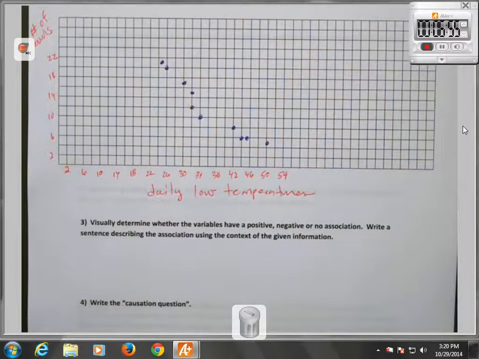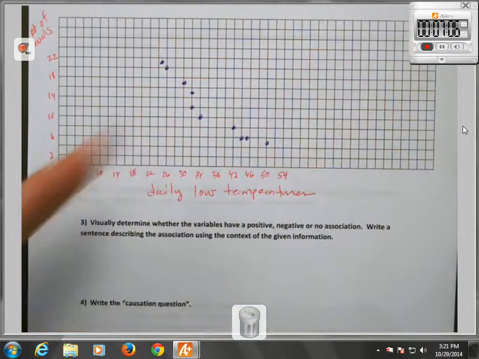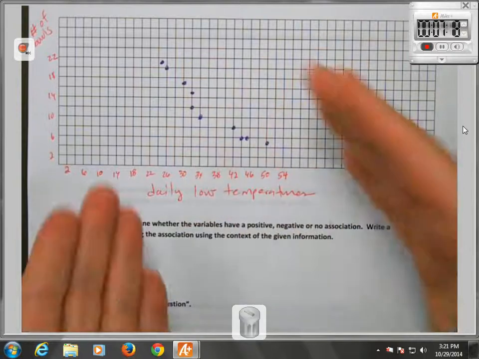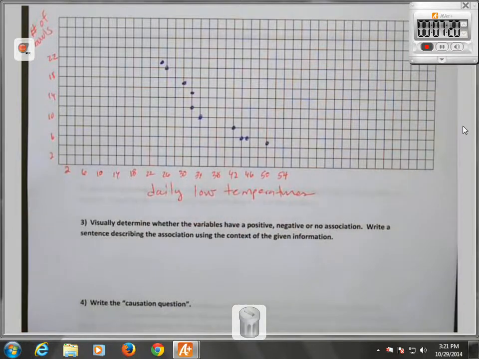Slope is negative if it's going down and to the right, and positive if it's going up and to the right. So this has a negative association. Because the points look very much like a line, that gives it the strength of the association. The closer they are to being on a line, the stronger the association is.